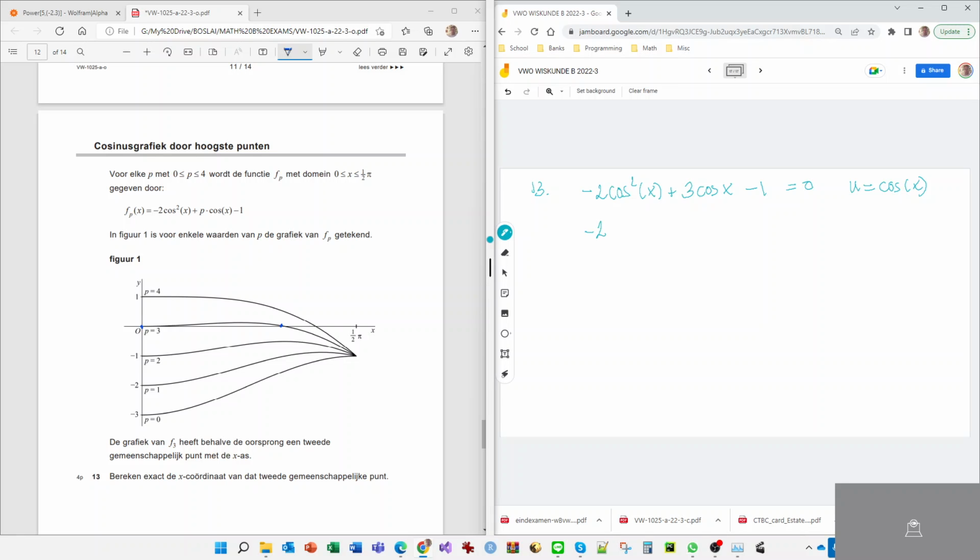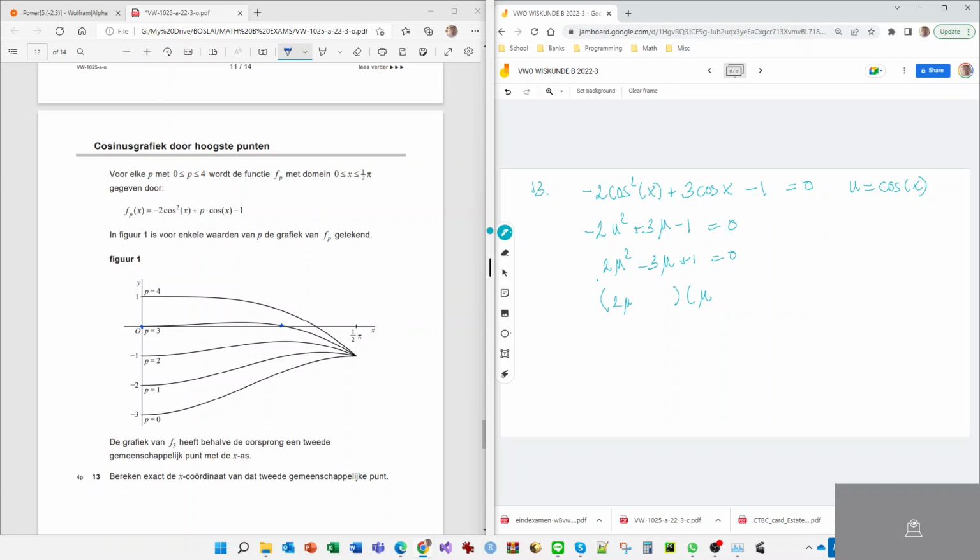So this is minus 2u squared plus 3u minus 1. Let's see if we can write it with a positive coefficient of the square term and see if we can write this in some formula like this.